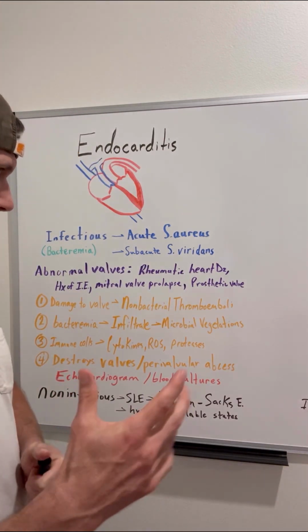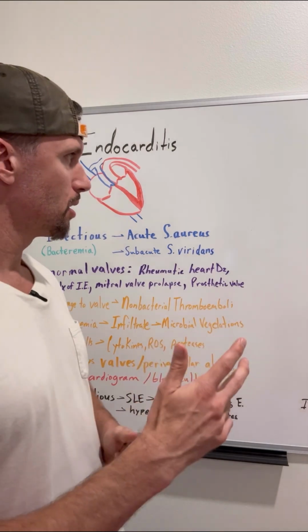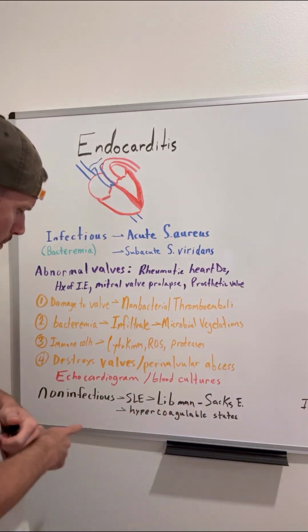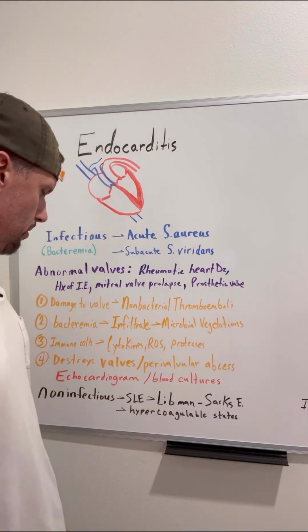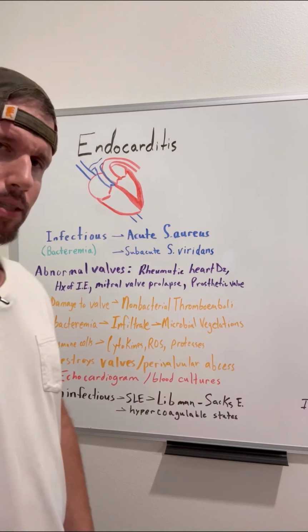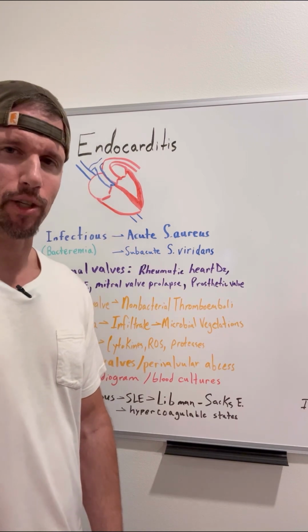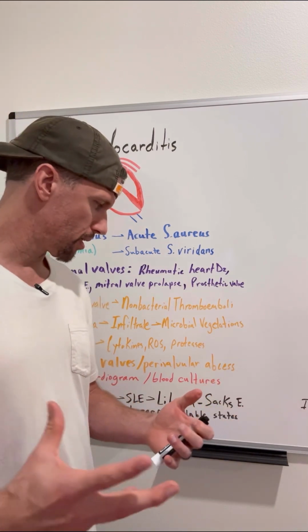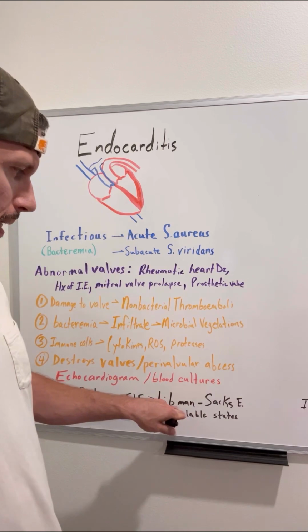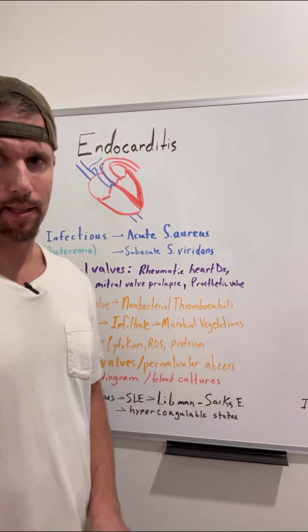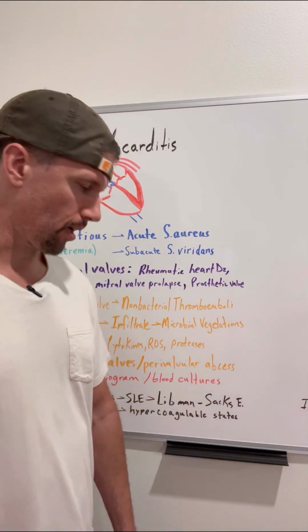And just wanted to make note, because it is very rare, but you can have a non-infectious endocarditis. A lot of times this is SLE, or systemic lupus erythematosus, an autoimmune disease. It's actually called Libman-Sacks endocarditis, after the scientists and doctors that discovered it.